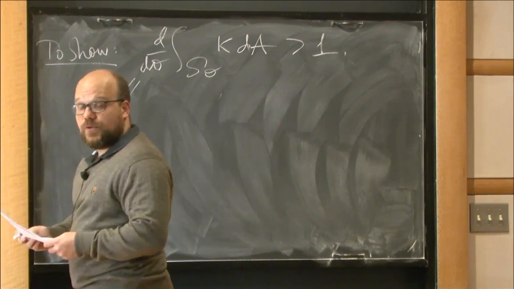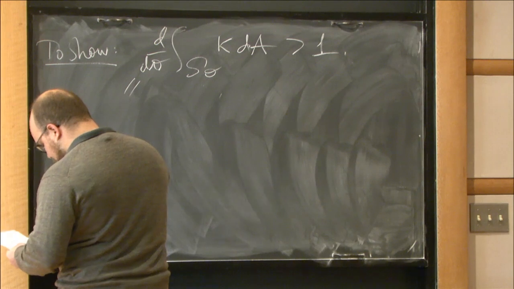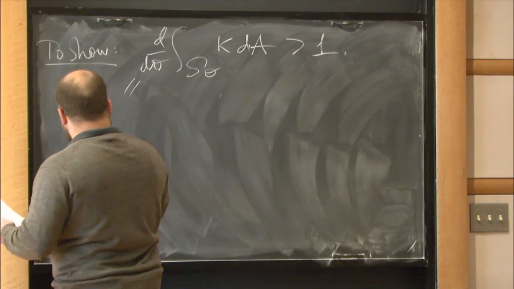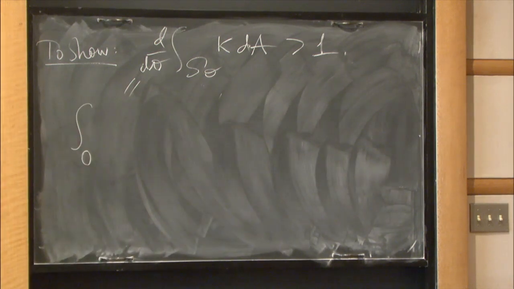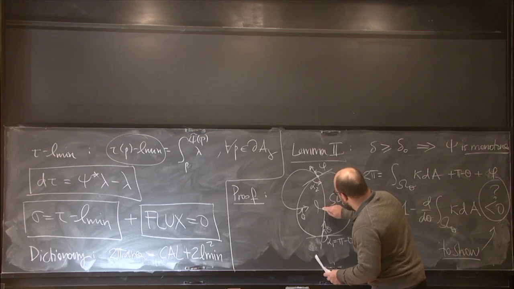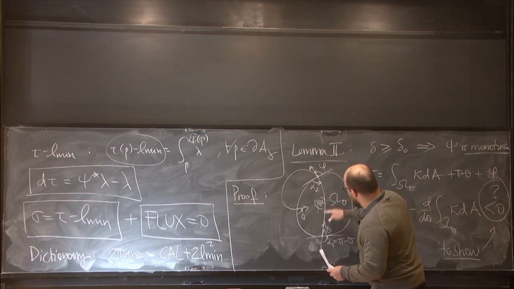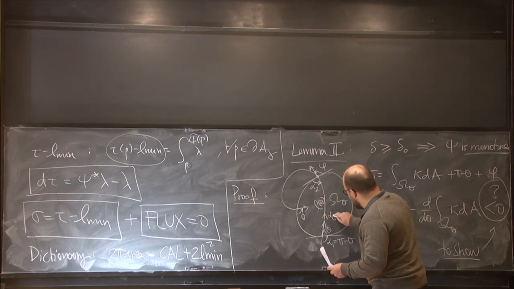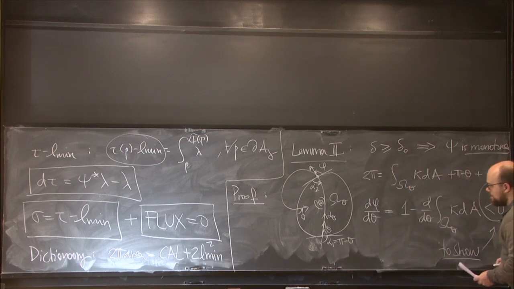I don't have time to show all the calculations, but in the end you end up with the integral. For a certain number theta here, let me denote this length by L theta, and let me denote this geodesic ray by alpha theta.